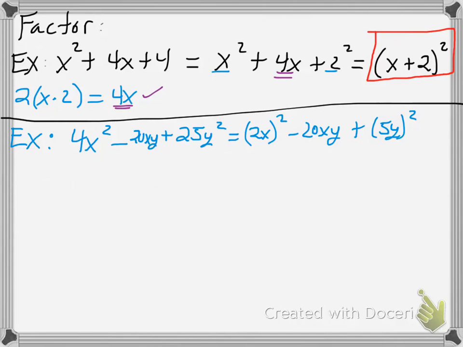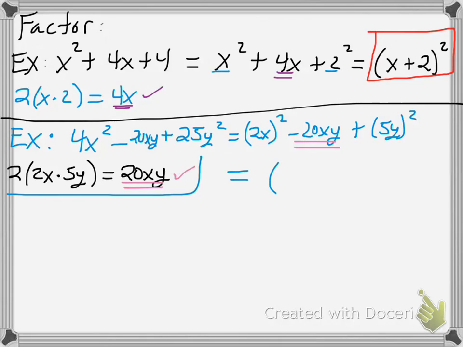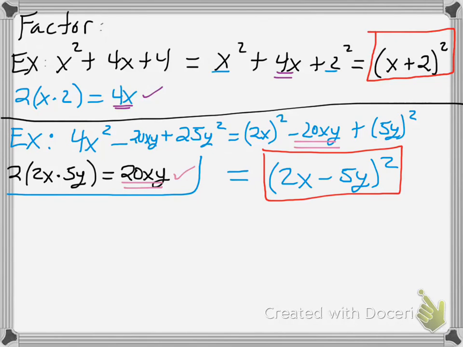If it's 20xy, then it's a perfect square trinomial. So 2x times 5y is indeed 20xy, twice that. Okay, so that matches. So this is going to factor into 2x minus 5y quantity squared. Just following a formula, you can FOIL it out, and if you don't believe me, it works out just fine. This is the minus version because we had the subtraction.